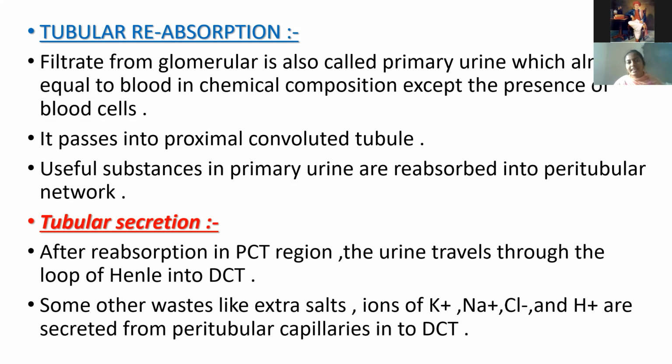Next, tubular secretion. After reabsorption in the PCT, the urine passes through the loop of Henle, the U-shaped part, to the DCT, that means the distal or second convoluted tubule.